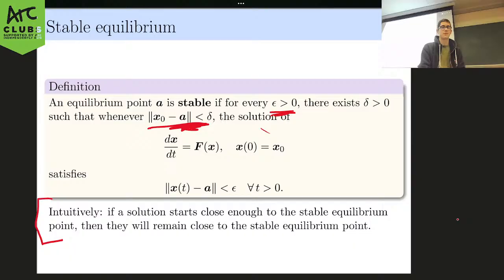That's something we want because this applies for all t, arbitrarily large t, so it works out nicely in the long-term run of our solution.